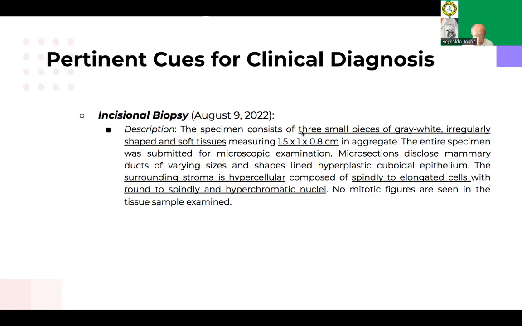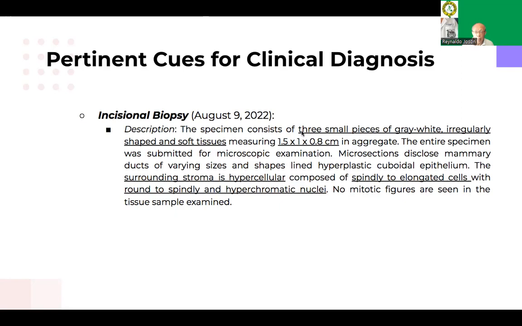When you do your PE, if there is pattern recognition for a phylloides tumor, you stick to that as number one. Of course, you're not 100% sure all the time, so you must have a secondary diagnosis.